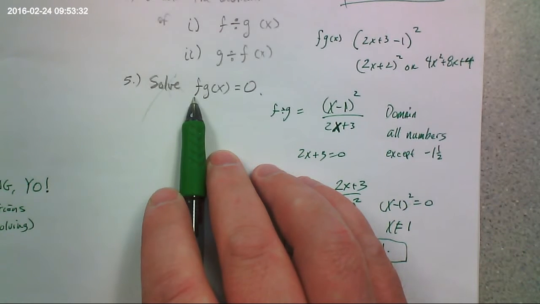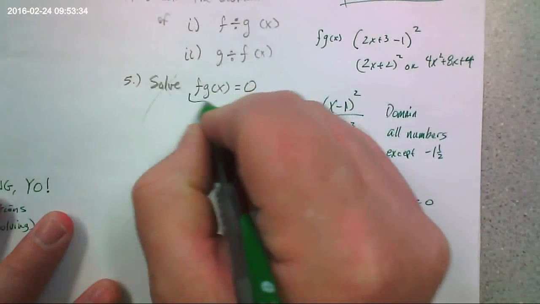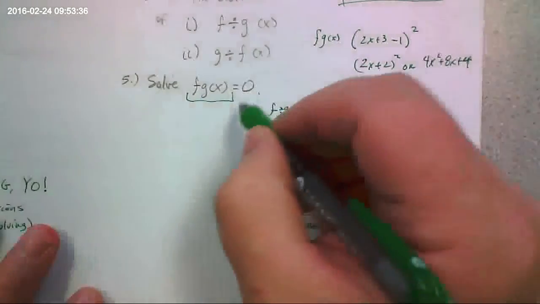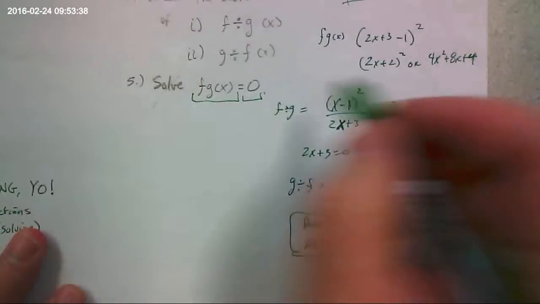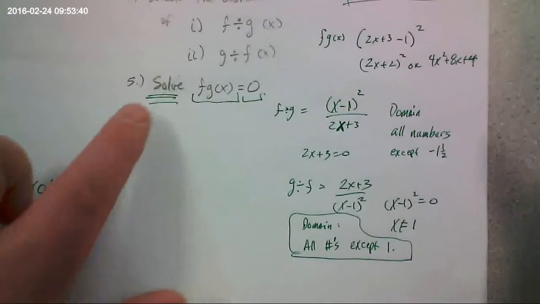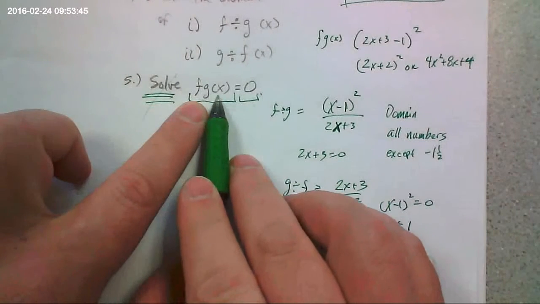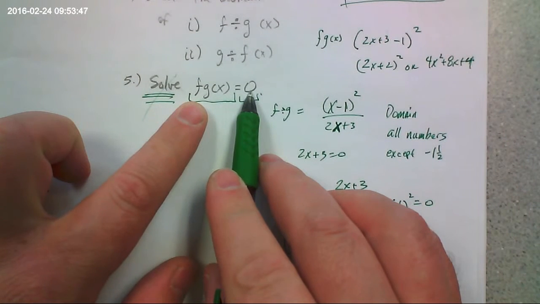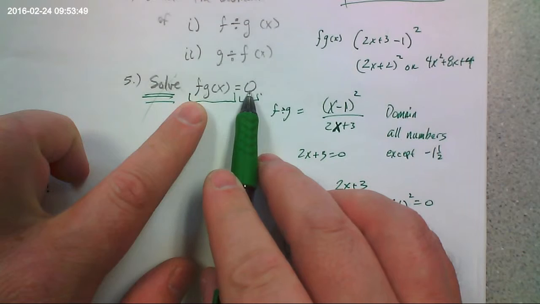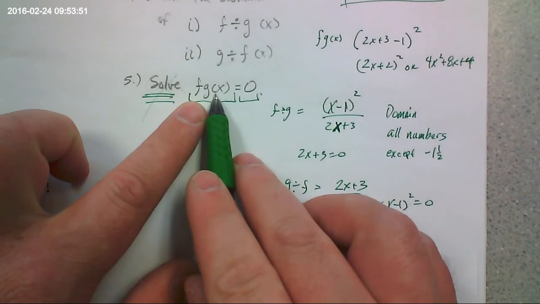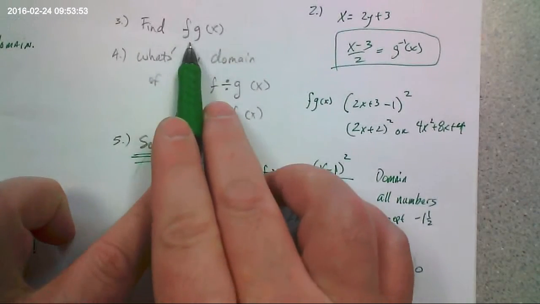I guarantee that's going to happen. And if you go, oh, I can't do that, I've never seen it equal to 0, I don't know what that means, there's what it tells you in English right there. So you set this up, set it equal to 0, and then you solve it. That's it. In fact, you already know what this equals, because you did it for number 3.